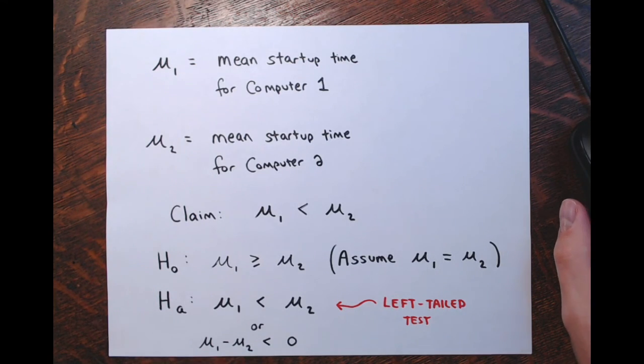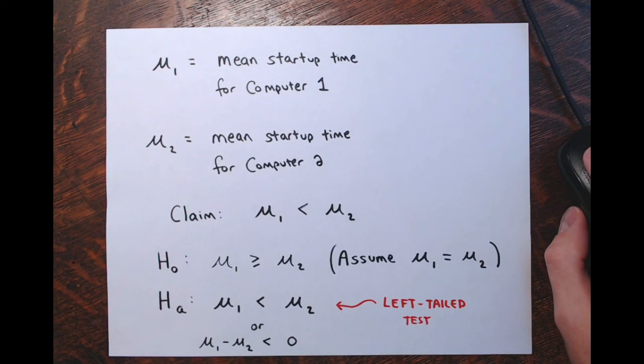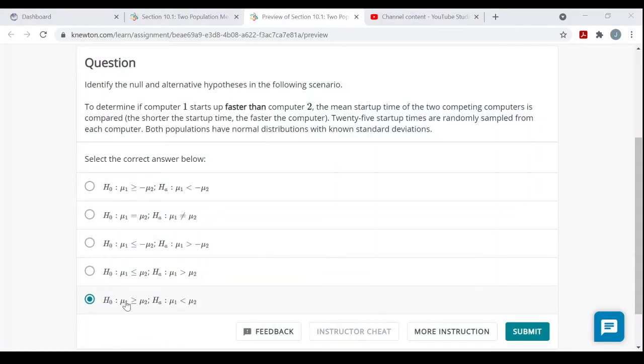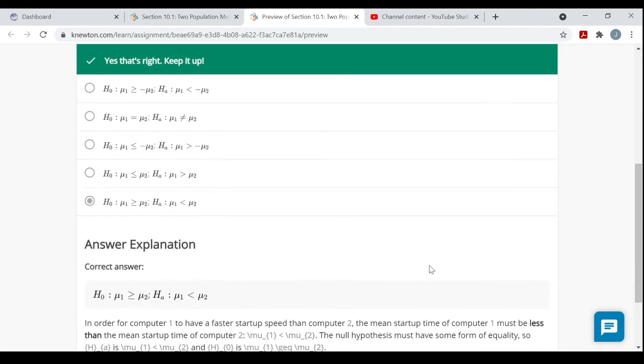This is all we're asked to do here: set up these hypotheses. So null hypothesis, mu1 greater than or equal to mu2. Alternative hypothesis, mu1 less than mu2, and I've already selected that. Then we'll submit. Again, please read your answer explanations.